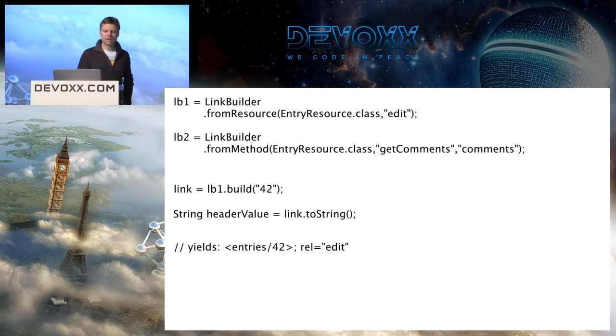And this is really something where I wonder how useful this API is in practice, because the link you get here is not really usable, because it's not relative to the application context, but it's relative to the application path, which is like /resources or whatever you configured. And the entries 42 here is actually not resolvable.